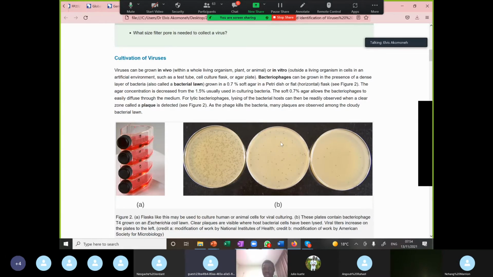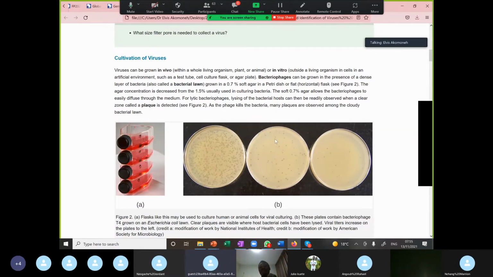So following incubation for 24 hours, we inspect for areas of lack of growth. This is a lawn. Normally, if there was no infectivity, we are going to see a lawn that has grown. If you look at this picture here, you see that all of this area is a lawn of bacterial growth. Now you see some small patches. These patches are called plaques. Here there are more plaques, there are fewer plaques, and there are much fewer plaques.